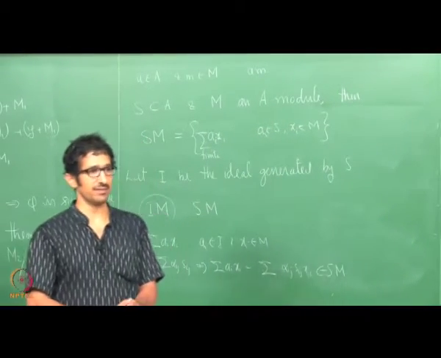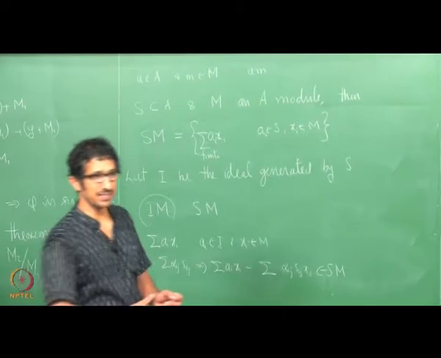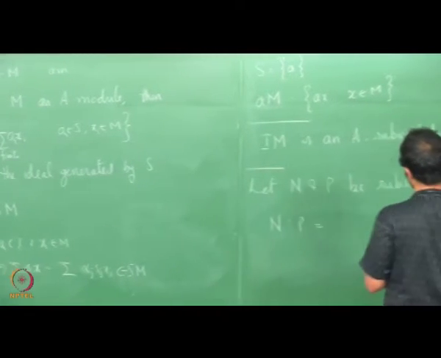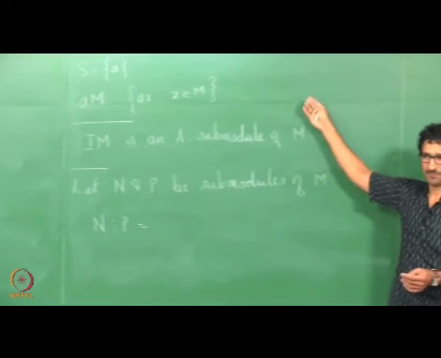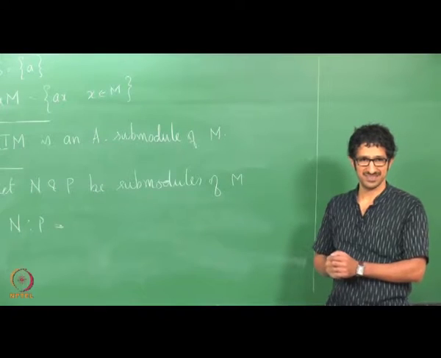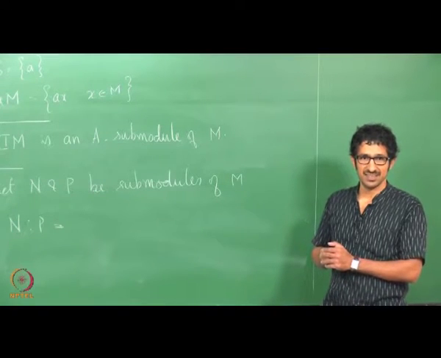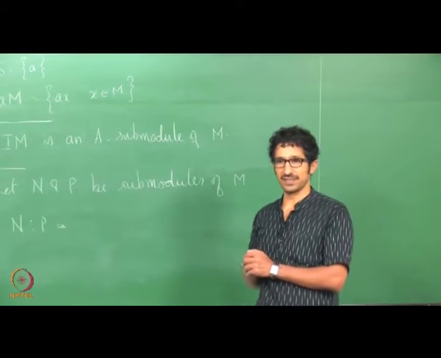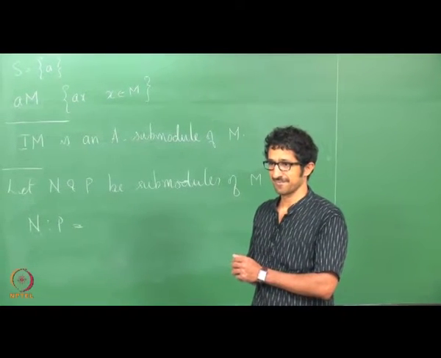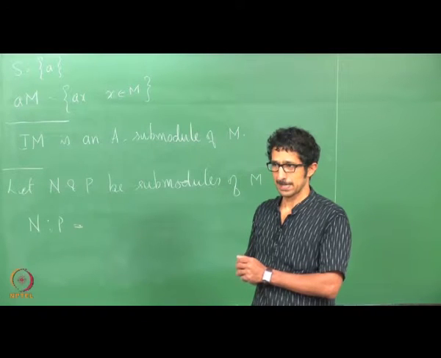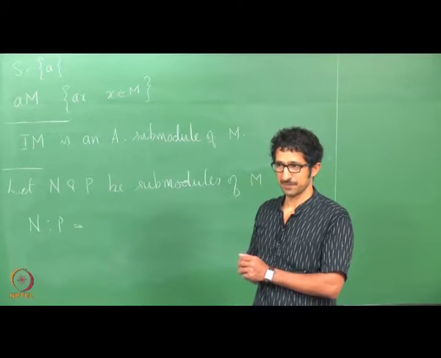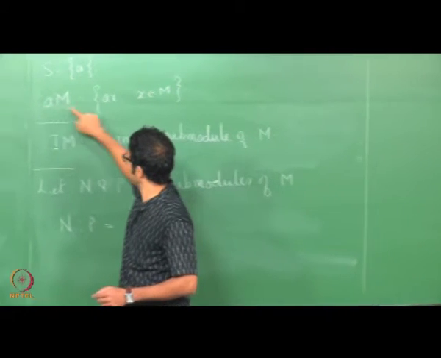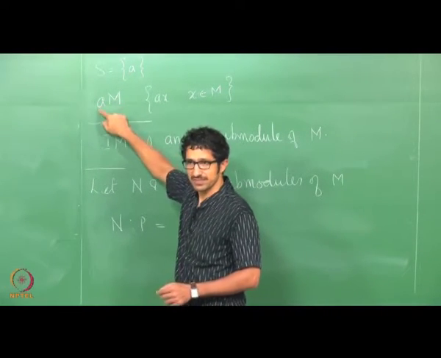Of course, we do not have a multiplication in modules, but then we have a hint lying here, right. What is the possible way of defining? If x belongs to A, so that xP is contained in M. So, I have this AM, we have just defined.